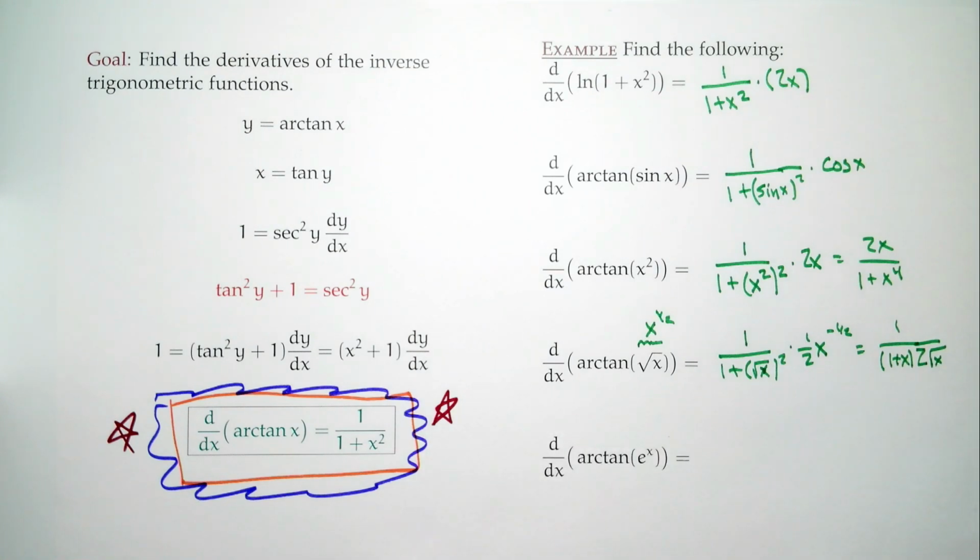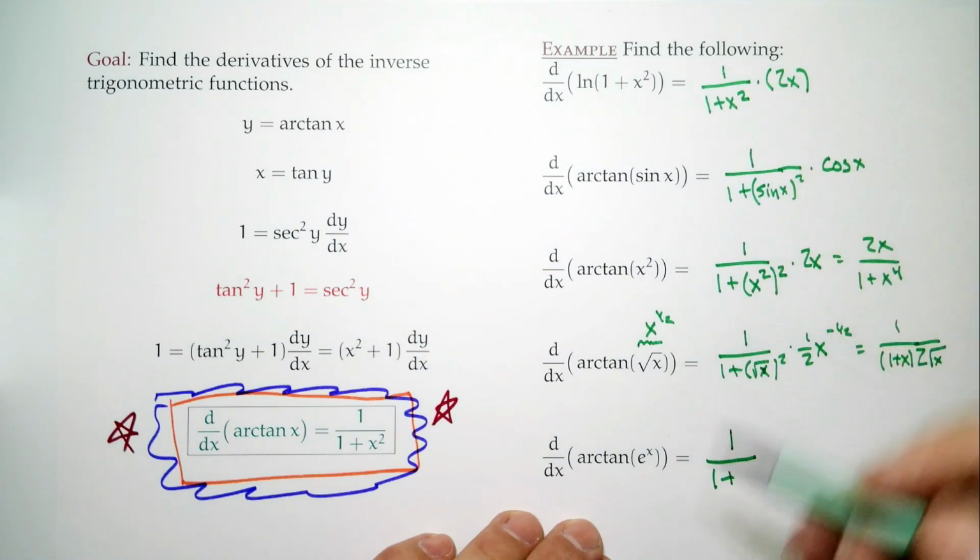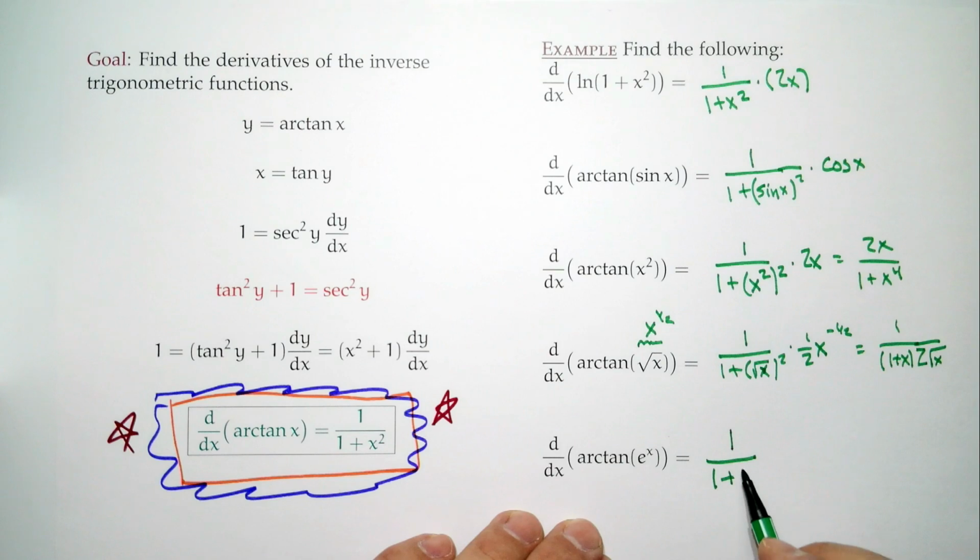All right. And how about the derivative of arctangent of e to the x? What would that be? Hopefully you're seeing there's a pattern: 1 over 1 plus e to the x squared, and then times the derivative of e to the x.